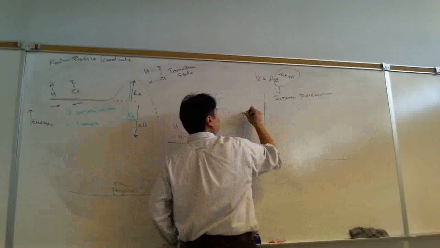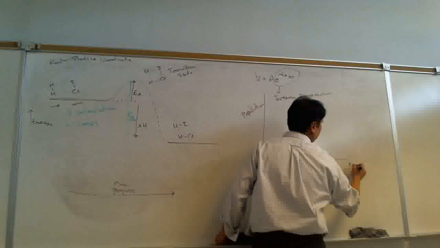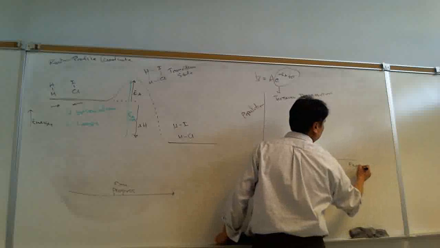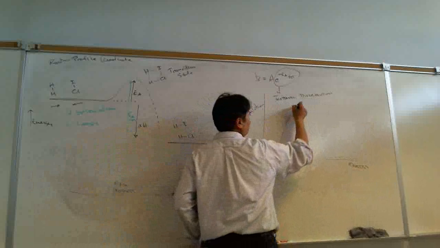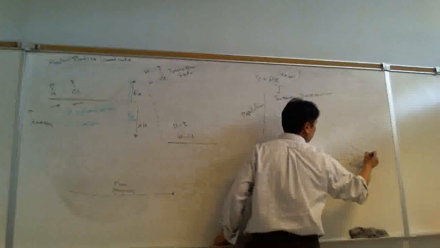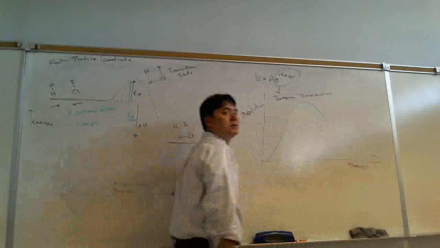What we have here is population versus energy. Do you know what the thermal distribution, or the speed distribution, or the kinetic energy distribution looks like? It looks something like this, this Maxwell-Boltzmann type distribution.